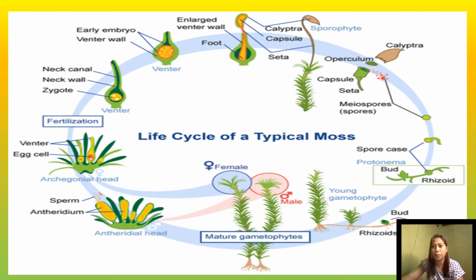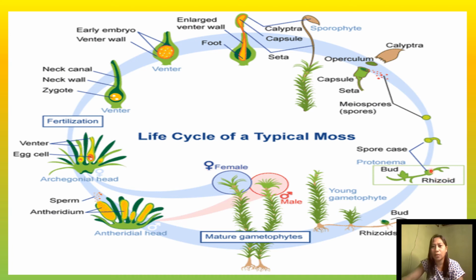Iniluwa na nung capsule yung mga fertilized egg or the zygote. Okay. These are already the spores of the moss. So when these spore cases burst, it falls into the ground. Alright. Falls into the ground, and then a developing bud is already growing.